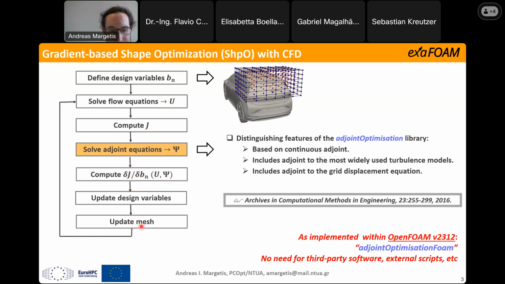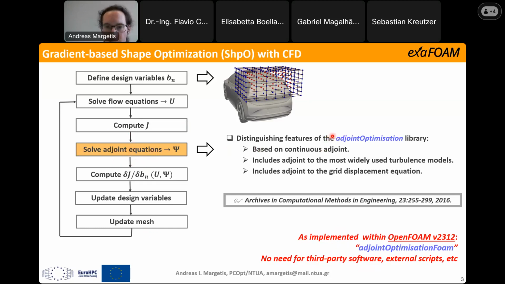All these steps are performed by the Adjoint optimization foam executable without requiring any third-party software or external scripts of any kind. In this presentation, we are focusing on the efficient implementation of the Unsteady Adjoint method.